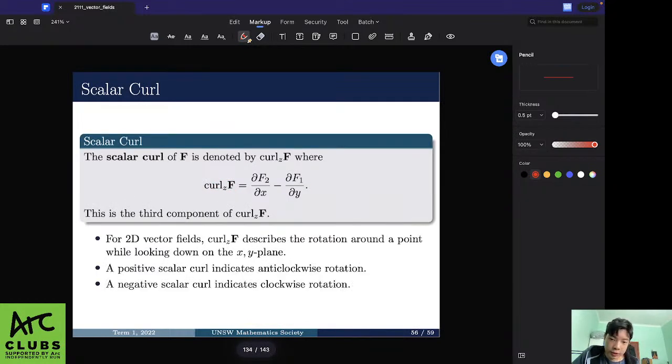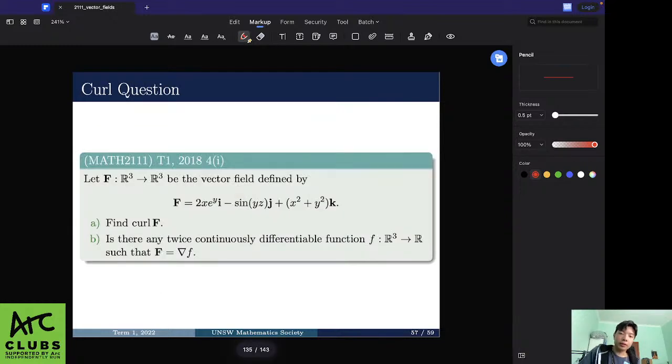Essentially, it describes the rotation around a point while looking down on the xy plane. If you're looking at an xy plane and you put a pinwheel, in what direction would it rotate? That's pretty much it. A positive scalar curl indicates anti-clockwise rotation, and a negative scalar curl indicates a clockwise rotation.